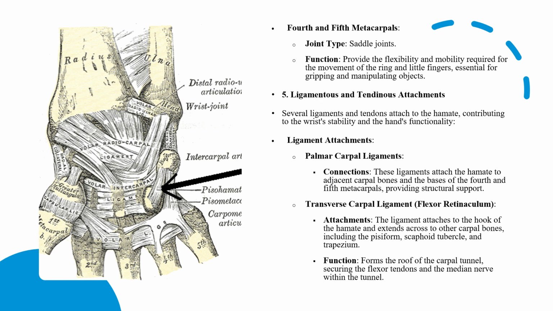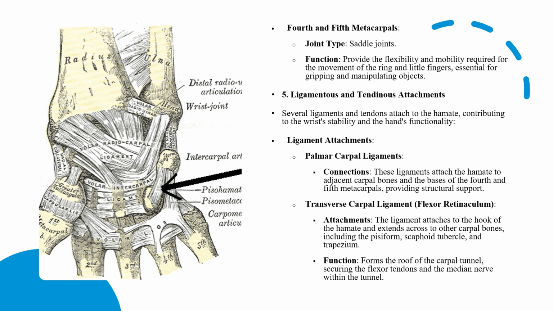According to some books, the first and second are complete plane joints, but during ulnar deviation, because the ulnar deviation range is higher than the radial deviation, the third and fourth finger, the ring and little finger joints, will act like saddle joints, because they also provide the greater range of motion in ulnar deviation.